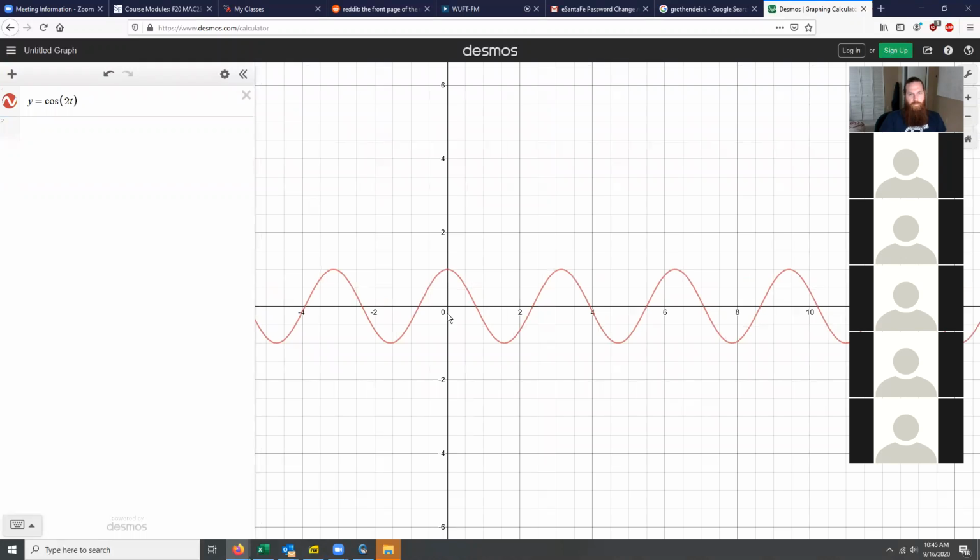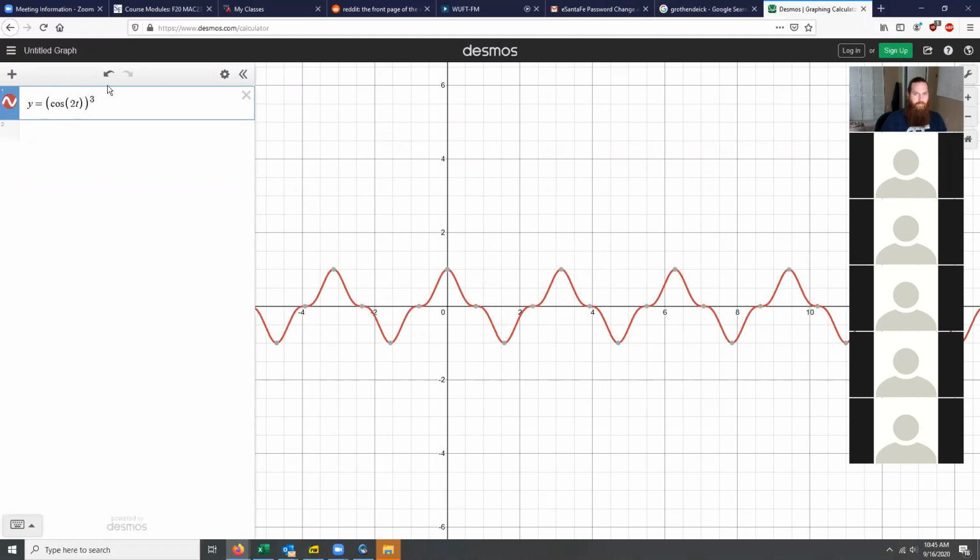If we look from 0 to pi, you see that it spends just as much time below the x-axis as it does above the x-axis. And the cubed version will do the same. They just look a little different. So from 0 to pi, you've got the same amount of stuff upstairs as you have downstairs. So you can make a symmetry argument to say that the integral of this from 0 to pi is 0.